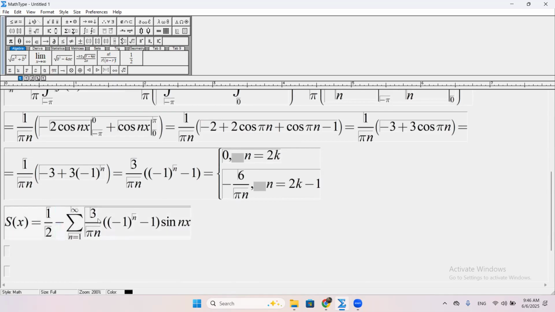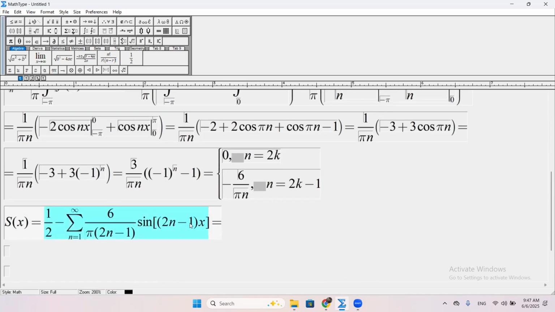Let me move minus here: 6p, and here 2n minus 1. And for sine, I will write as well, so I will replace n with 2n minus 1. So that's how we take into consideration that terms of the Fourier series are non-zero only for odd values of n.